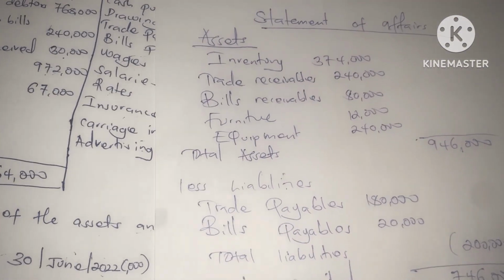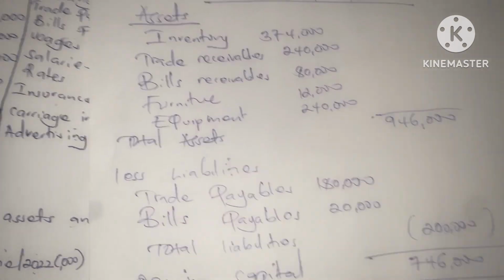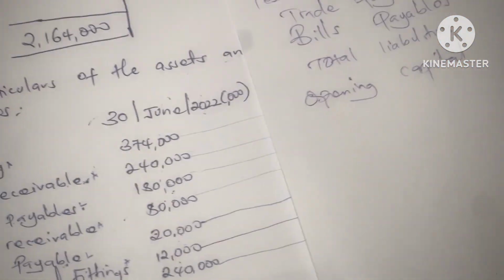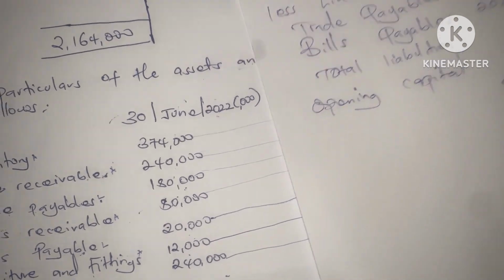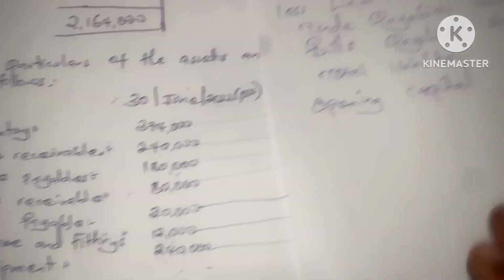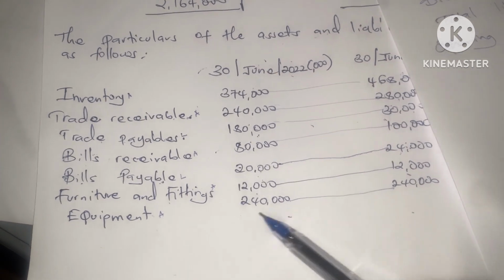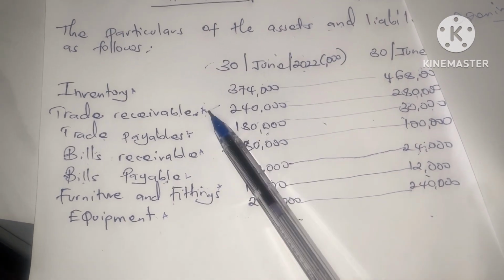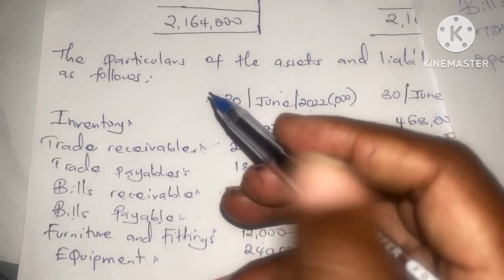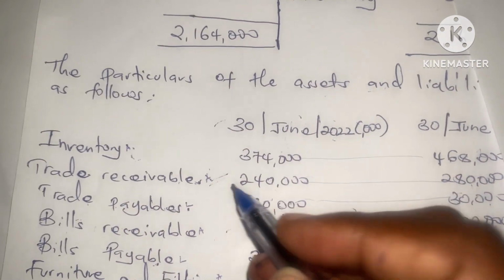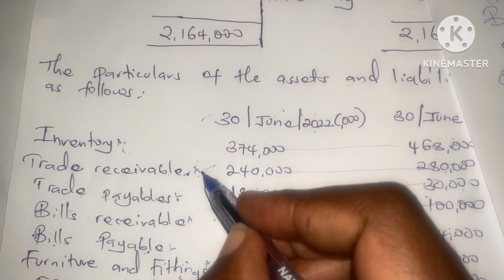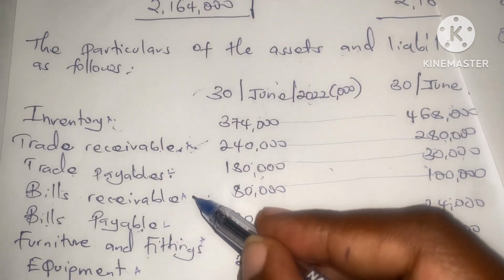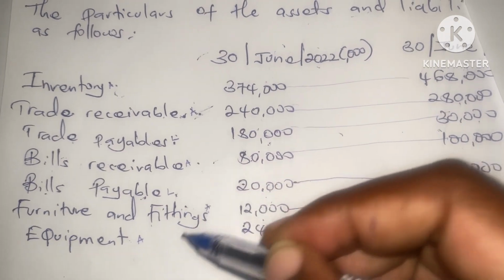So for the statement of affairs, we get the total assets, we subtract the total liabilities of the opening assets and liabilities, this one. So we identify the assets. This is an asset, inventory is an asset, receivables is an asset, this is a liability, this is an asset, this is a liability, these are assets.